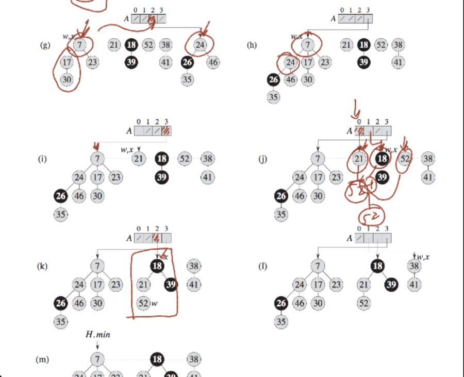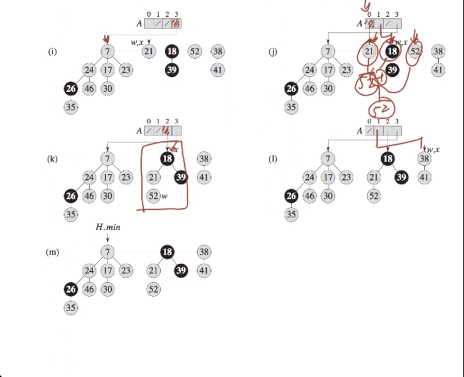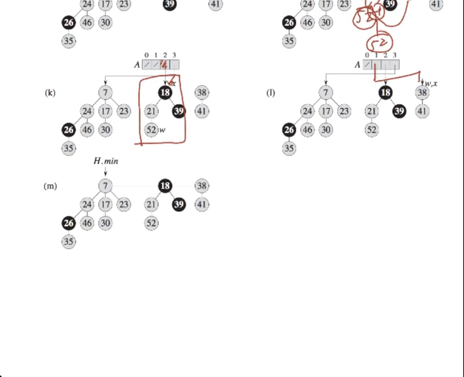Then we move on to 38, which has an entry in 1. And then we iterate one more time and look at each of the new roots, find the min, and reassign hmin. That's what consolidate does.